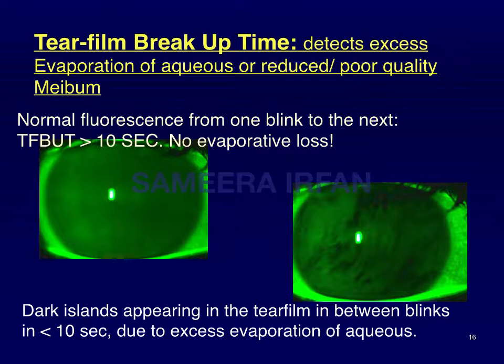However, if there is excessive evaporation of tears, then the meibum will mix up with the remaining tear film and will show up as dark islands in between the blinks. And if it is less than 10 seconds, it is considered abnormal and indicates an excess evaporation of aqueous.